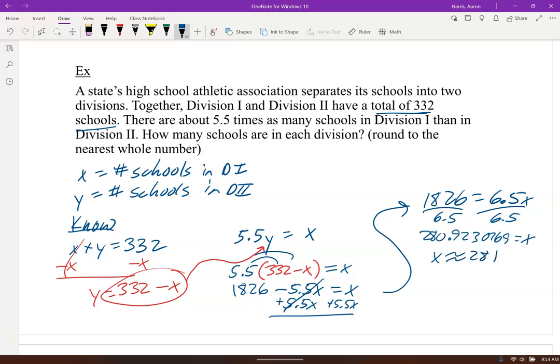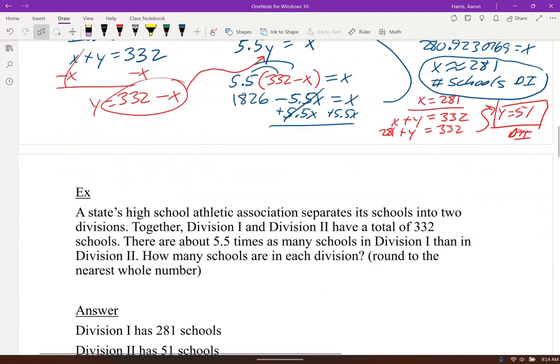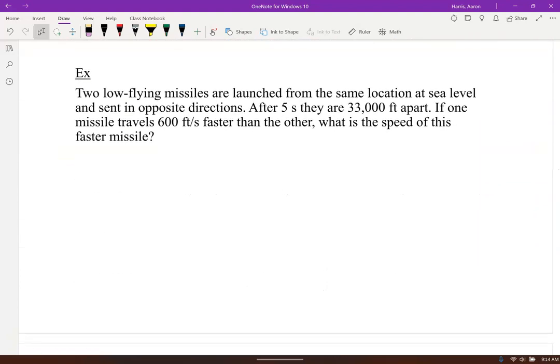So 281 is the number of schools in Division 1. Since we know x is 281, and x plus y is 332, I subtract 281 from both sides and end up with 51. So 51 in D2. So 281 schools in D1, 51 in D2. That's just the answer on that one.